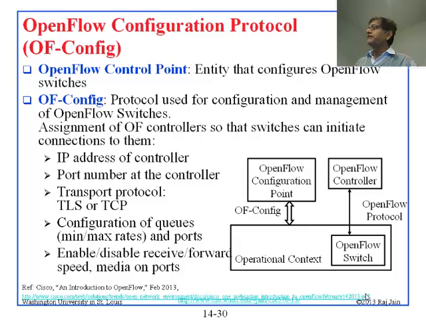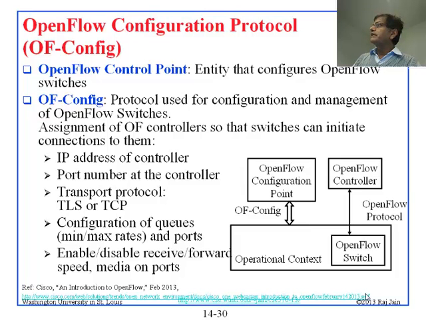Now this is a separate function, separate from the controller. But the functions, as we said before many times, can be in the same box. Its job is to simply do the configuration, and the OpenFlow controller's job is to speak the OpenFlow protocol with the switch. So that is the controller function, and this is the configuration function.